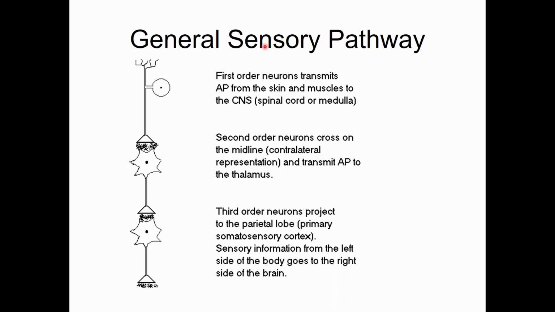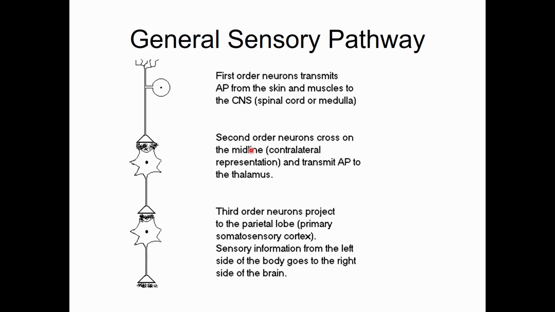So how do action potentials get into your system? Well, we're going to have a first order neuron that comes from the skin and the muscles, and it's going to enter the spinal cord and either synapse right away in the spinal cord or project up to the medulla and then synapse. Then there will be a second neuron that crosses the midline and gives us something called contralateral representation.